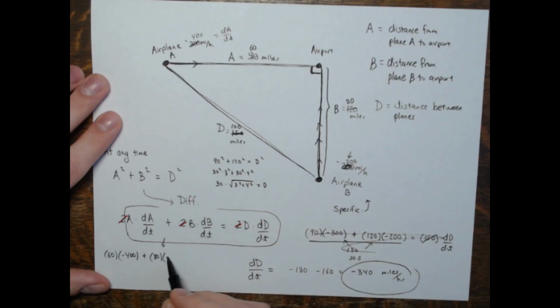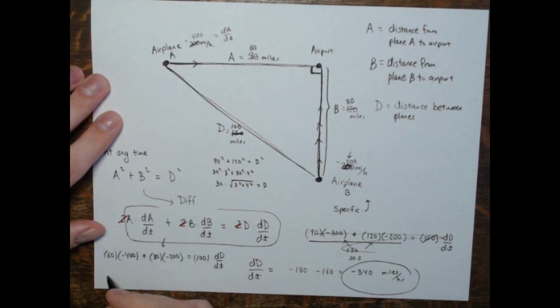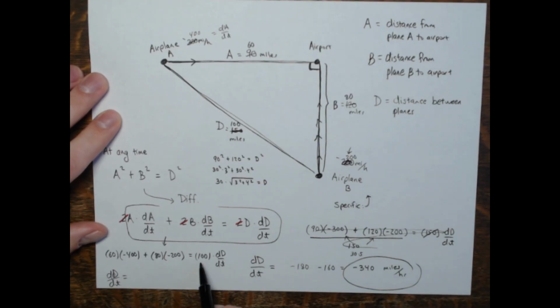The dB/dt again, 200, should be equal to the distance between them, 100 miles at the time, times dD/dt. So dD/dt is the speed at which the distance between the planes is changing. Divide everything by 100 here, and it'd be -240, and then divide that by 100, it'd be -160.